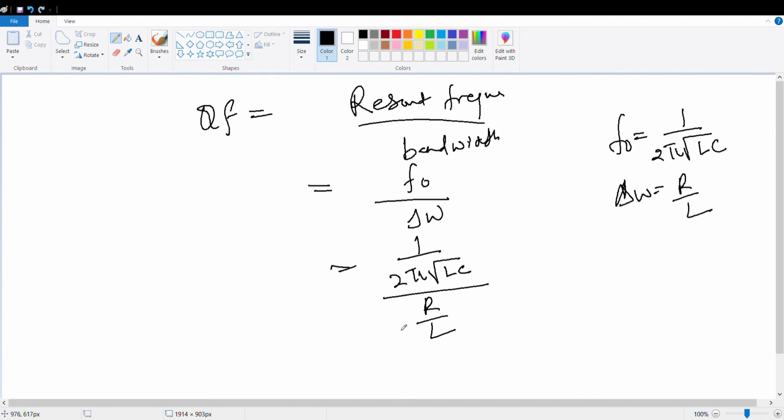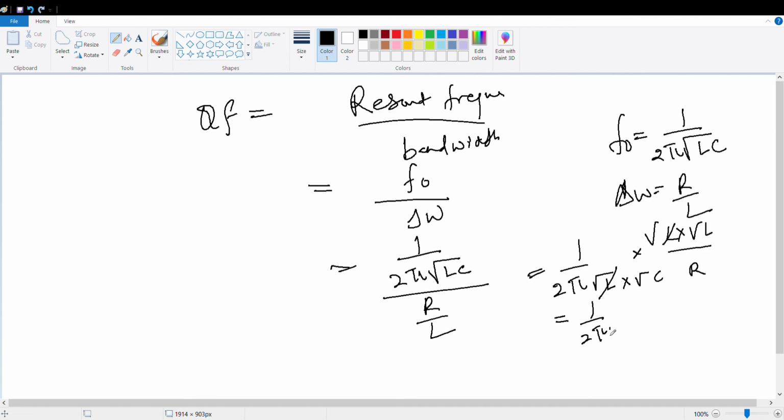So this will be 1 by 2 pi root L into root C, and up will go L, root L into root L by R. So one root L is gone. We are left with 1 by 2 pi R root of L by C. Clear?